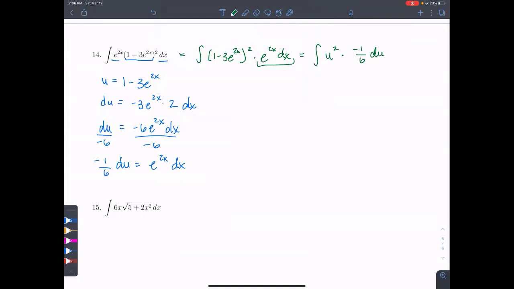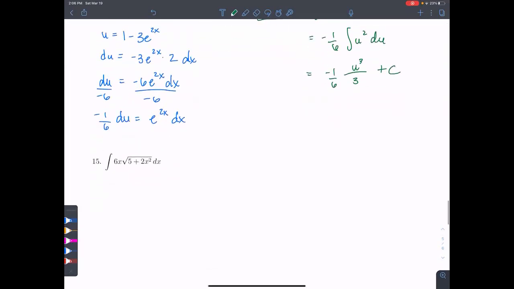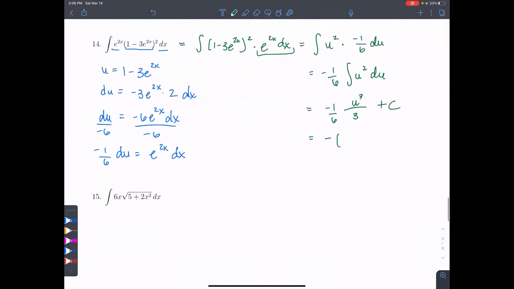Good, that's not u to the negative 2. And then I'm going to increase and divide. That 1/6 comes out. So the integral of u squared du, increase and divide and add c. So negative u cubed, 1 minus 3e to the 2x cubed over 18 plus c.